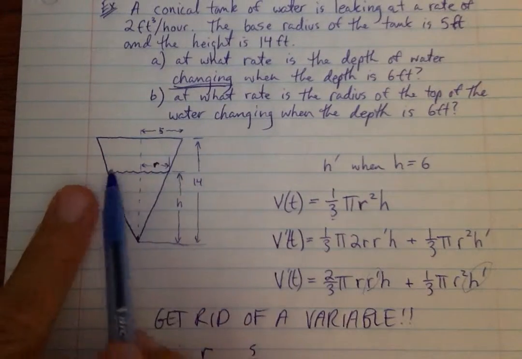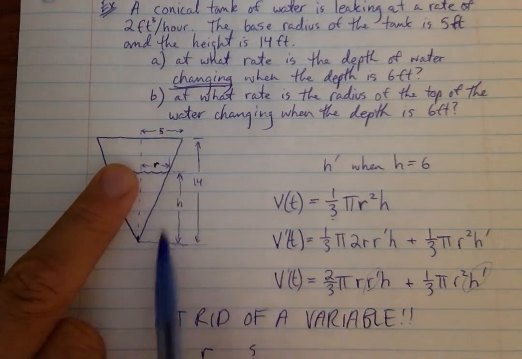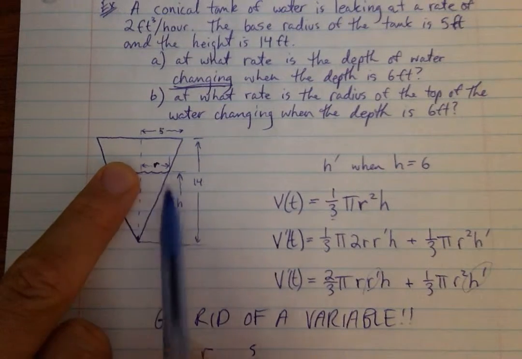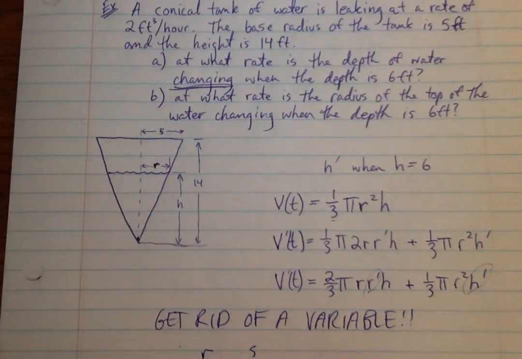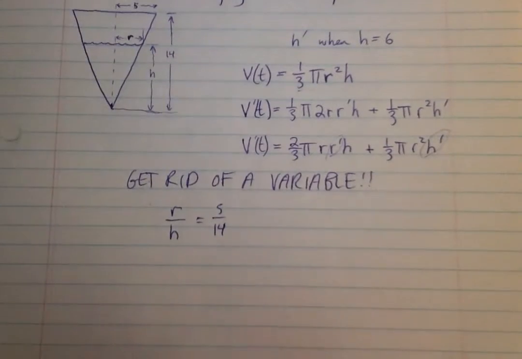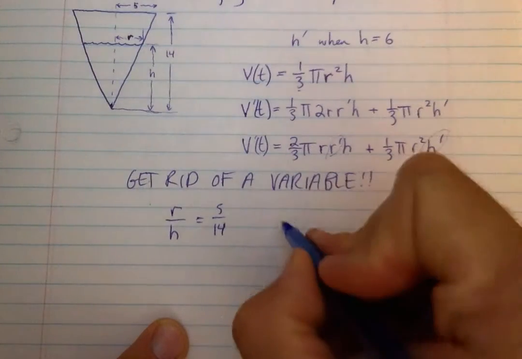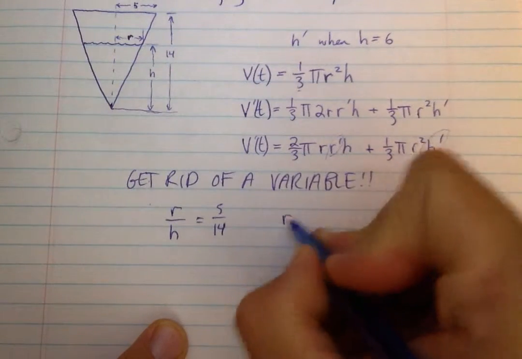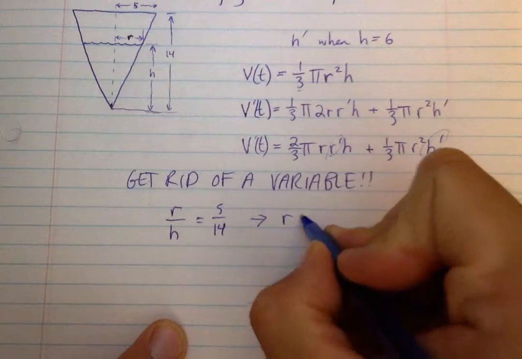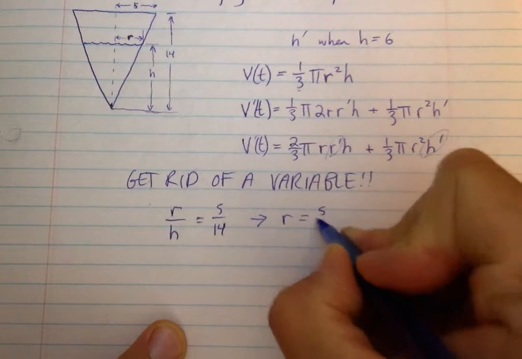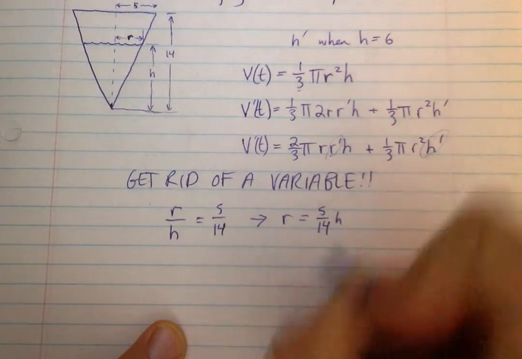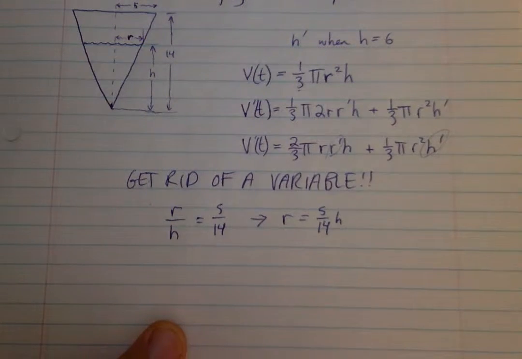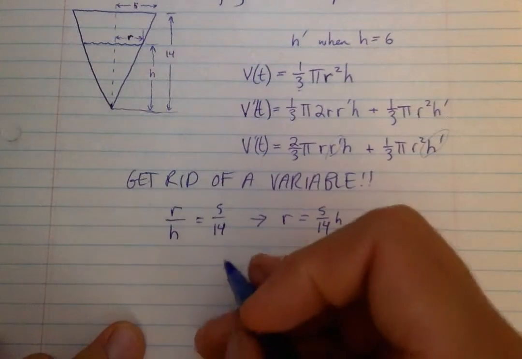Because if you bring it down to here, it's still going to be 5/14. It's just going to be a different size, a different constant. So what we can do is say that r is equal to 5/14 h. Now, isn't that cool? So let's rewrite our volume equation.